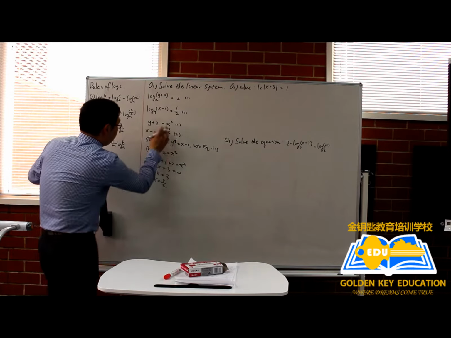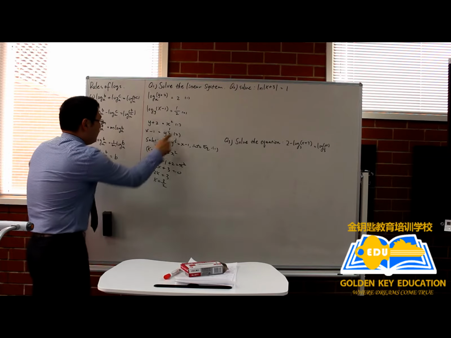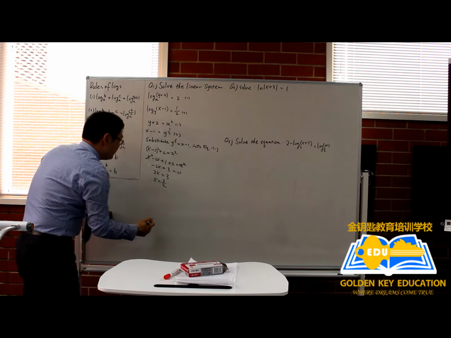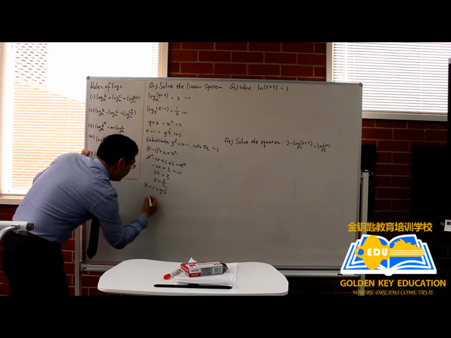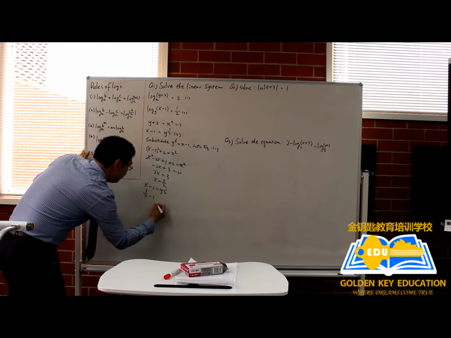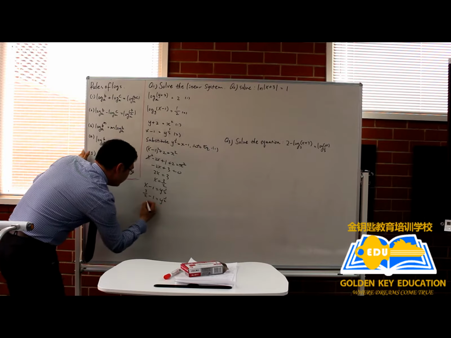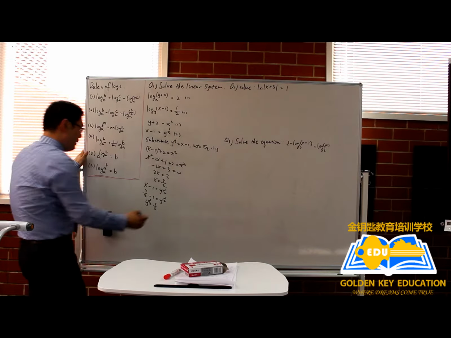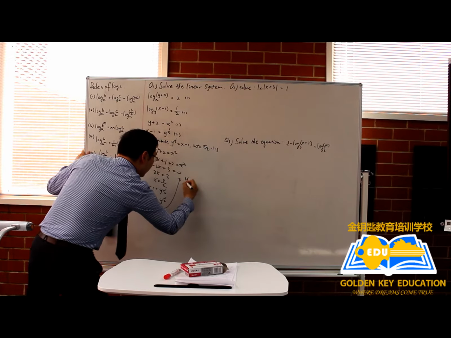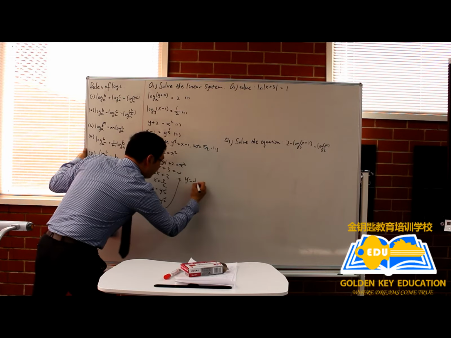Bring it back to one of the original equations. So x minus 1 equals y to the half, then 3 over 2 minus 1 is y to the half, so y to the half is a half, and that tells us y equals half squared, which is 1/4, and that solves our system.